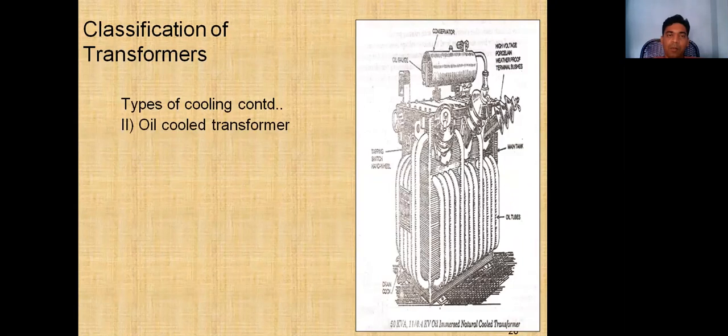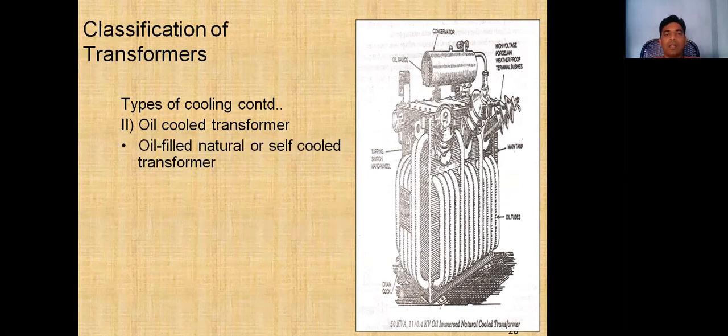And next to air cooling are oil-cooled transformers. Here an insulating oil is provided for cooling. These may be oil-filled natural or self-cooled transformers, and oil-filled forced air-cooled transformers, where the oil is cooled with a fan.